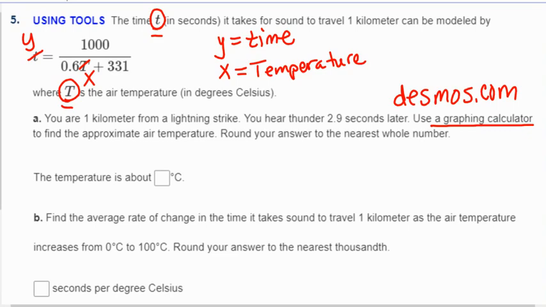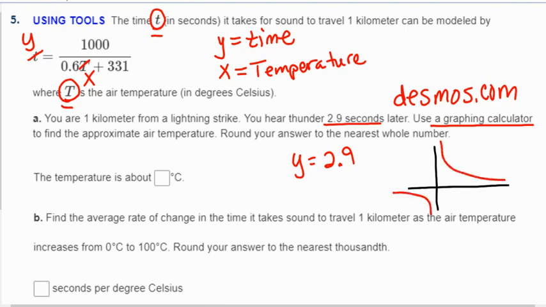Okay, what you're going to do is graph this function in Desmos, and then you're also going to graph this 2.9 seconds. That's a time. So you're going to graph y equals 2.9, and you're going to see where those two functions cross. Okay, you'll notice when you graph them, you have one function that is your rational function, which relates the time in seconds to the air temperature.